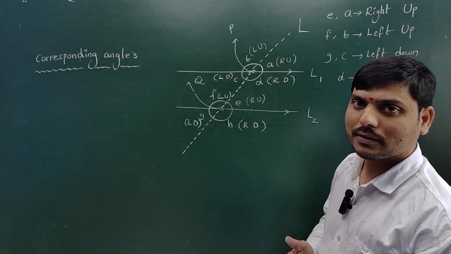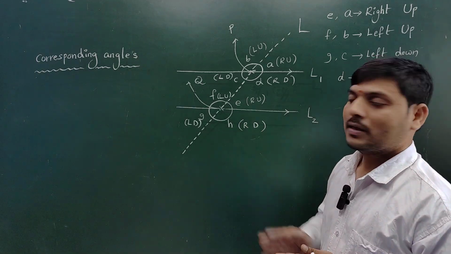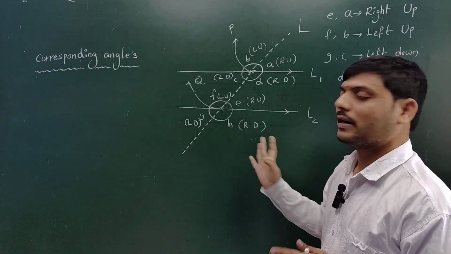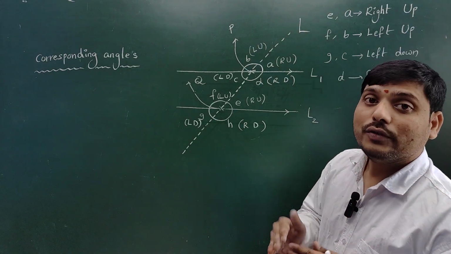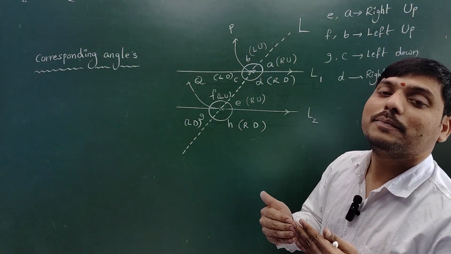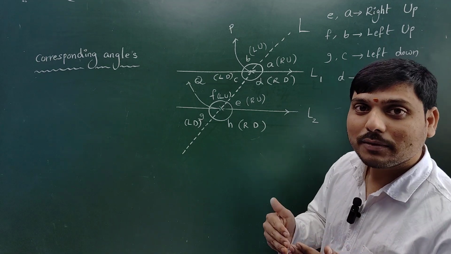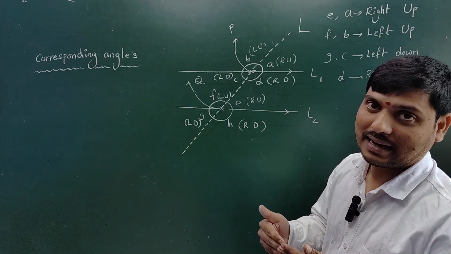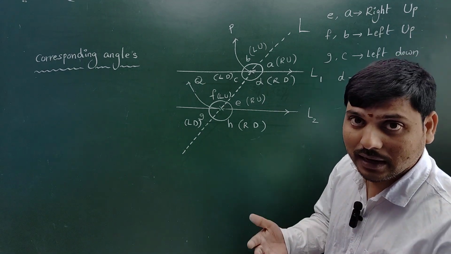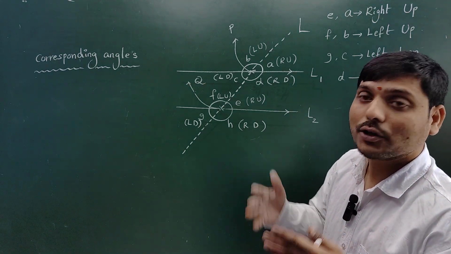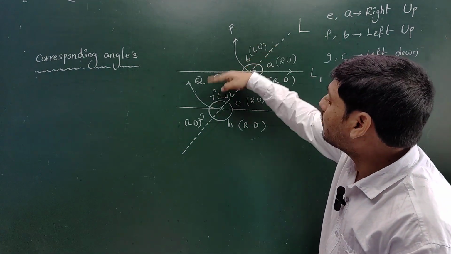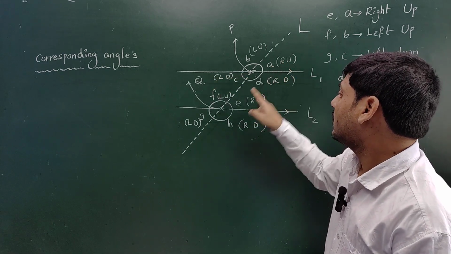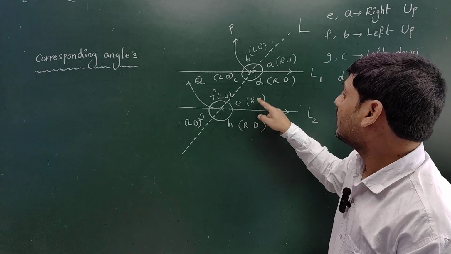Similarly, the same concept applies at the point Q with E, F, G, H: right up, left up, left down, right down. Now, which two angles at P and Q have the same position name? Angle A is right up, and angle E is right up.